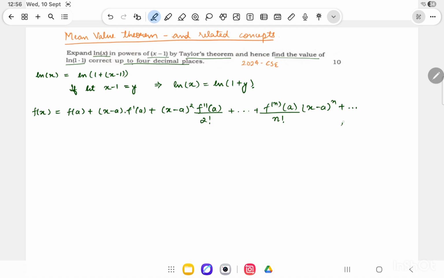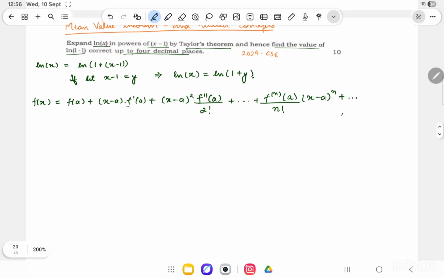So this is Taylor's expansion. We are supposed to find Taylor's expansion of ln x. For that we need to find the first derivative, second derivative, and the other derivatives as well.